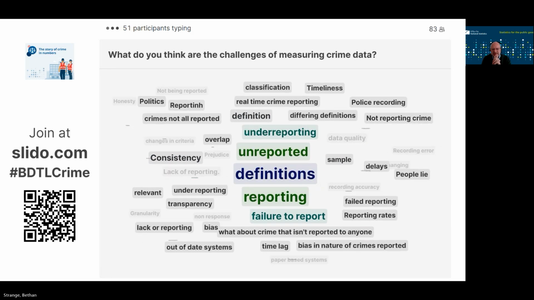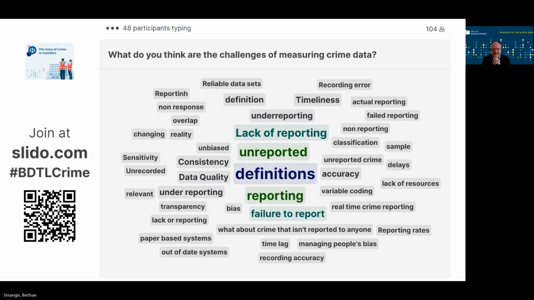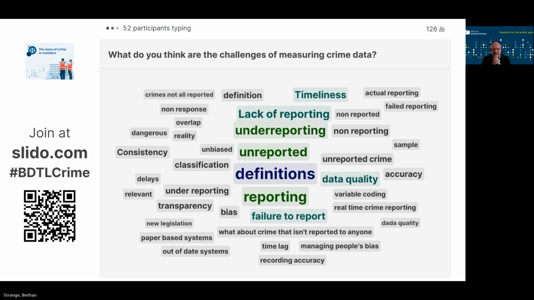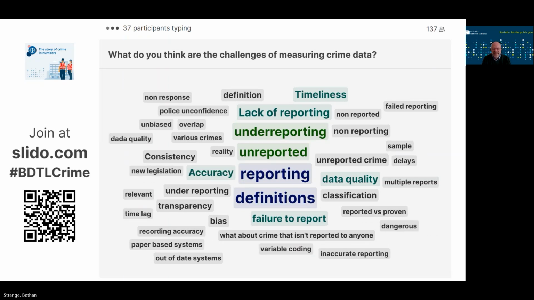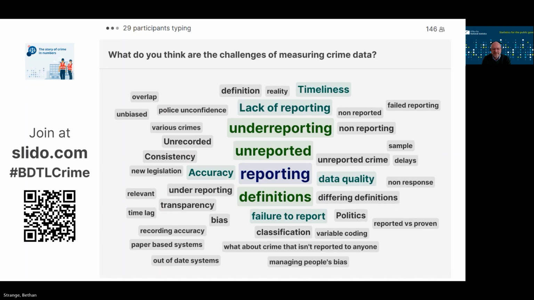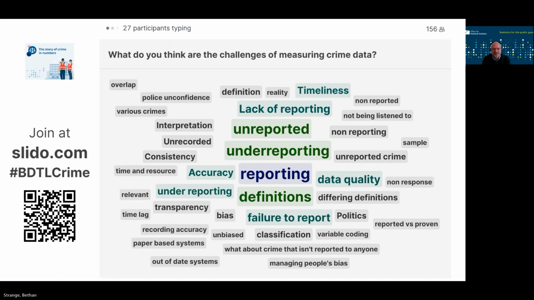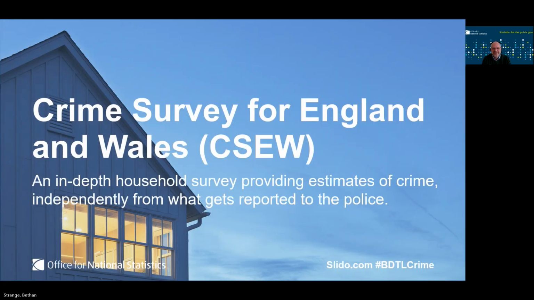So how things are defined, whether things are reported or not, underreporting, quality of the data, consistency of that data over time, coding of that data. What about crime that isn't reported to anyone? How do we know about that? Paper-based systems, out-of-date systems. These are all great suggestions. Okay, good. I've got a very informed audience.